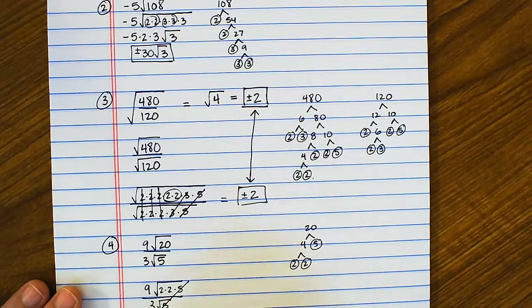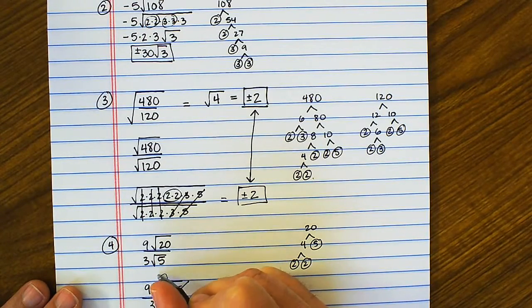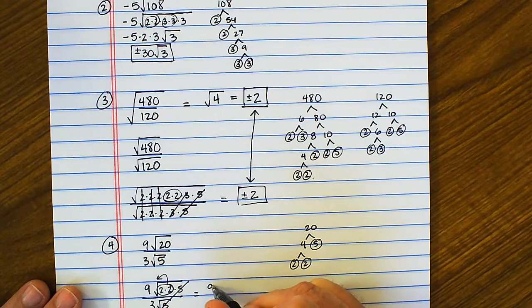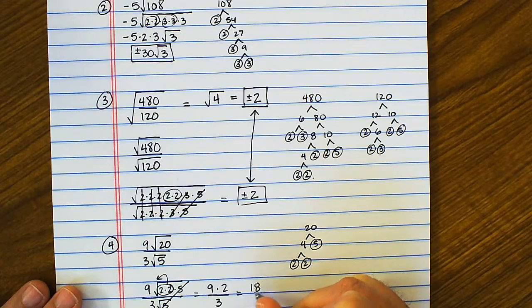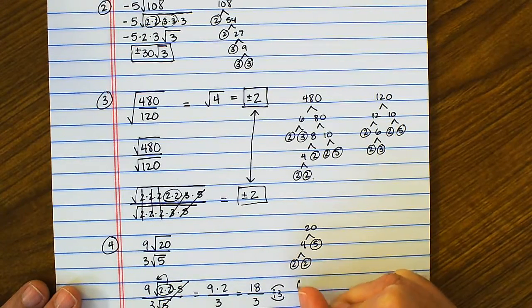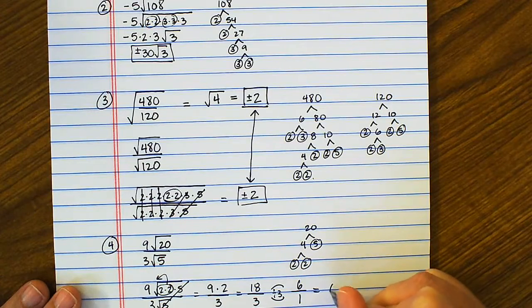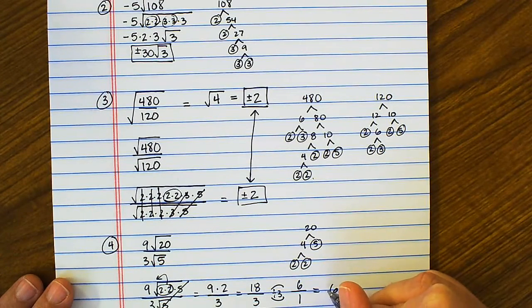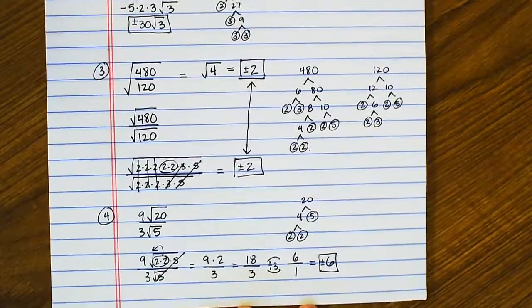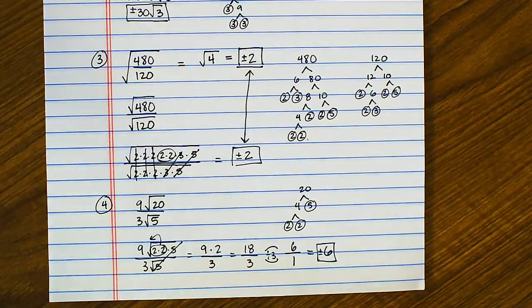The 5's cancel. The 2 comes out, which gives me 9 times 2 over 3, which is 18 over 3, which if I divide by 3 is 6 over 1, which is just 6, plus or minus 6. Sorry there, didn't see that it was the bottom.